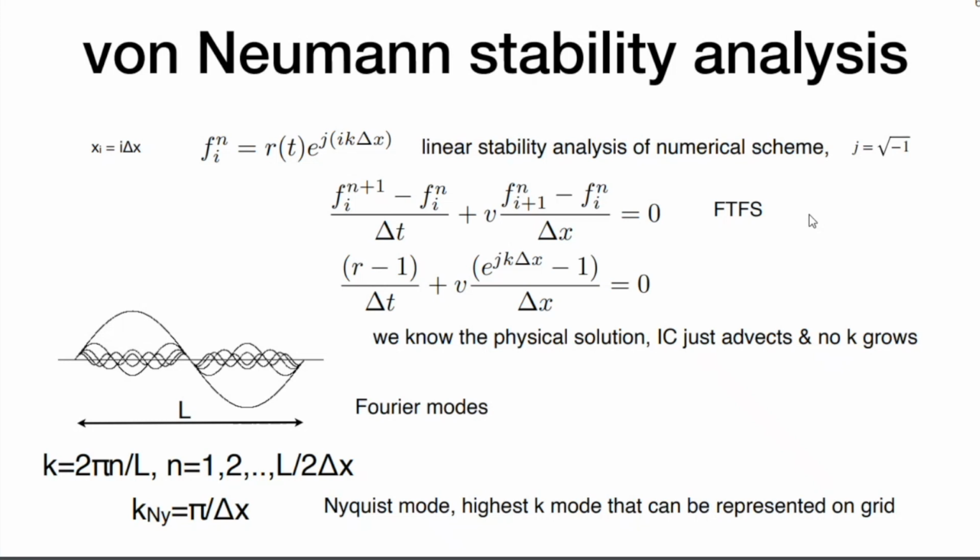I cannot represent this, for example, on my grid. If you have a wave which is varying like this, I have no grid points to resolve it. So this is the highest k. This is the lambda corresponding to the Nyquist mode, and this is just 2 delta x. So lambda is equal to 2 delta x, and k equals 2 pi by lambda, which is pi by delta x.